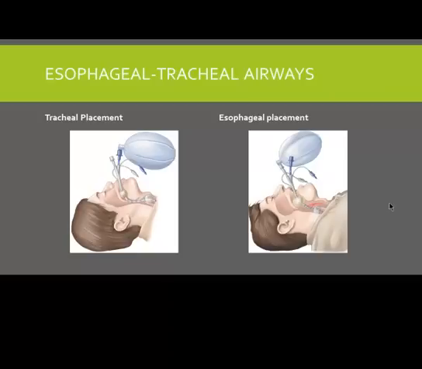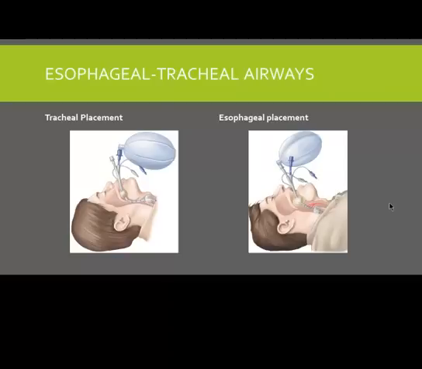This right here is showing the esophageal tracheal airway, or the combi tube. It was popular when I was getting into all this. Now these have been replaced with the King and the LMA and things like that. But it's one tube, two lumens.